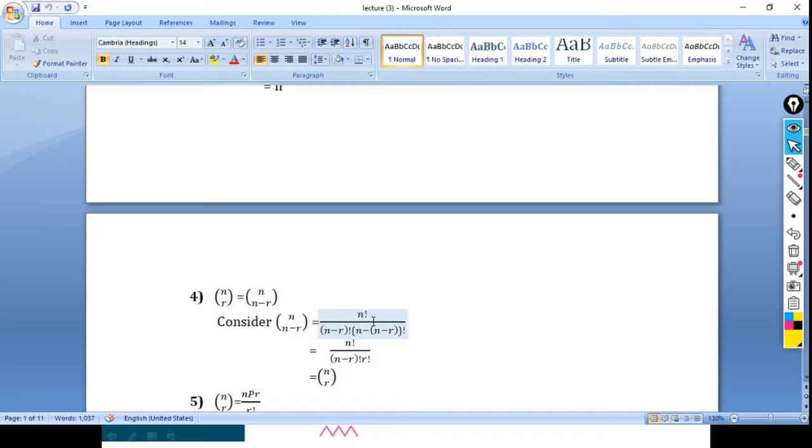So it is n factorial upon n minus r factorial into n minus (n minus r) factorial. This r is replaced by n minus r in the factorial notation. Now open the bracket: n minus n plus r. So minus n and plus n get cancelled, and here r factorial will remain, and n minus r factorial remains as it is. And now see the formula for nCr.